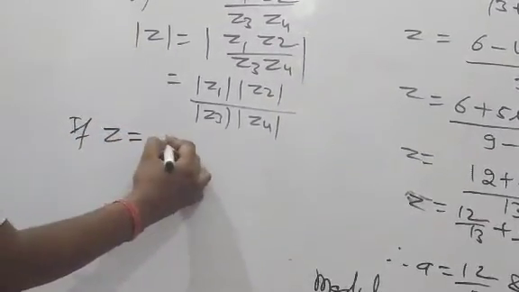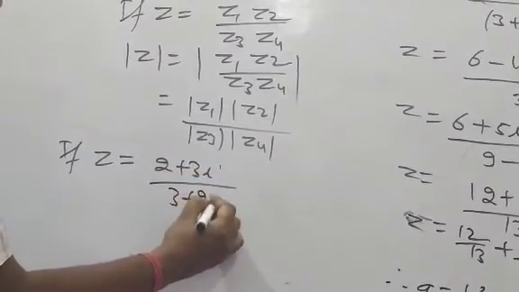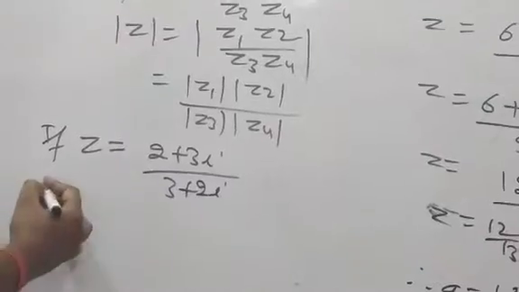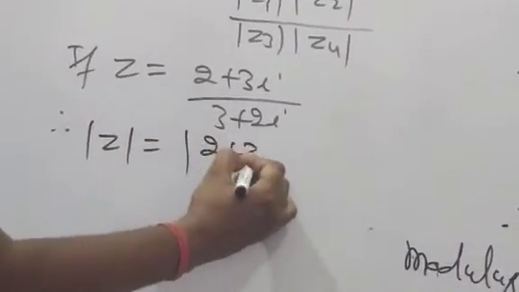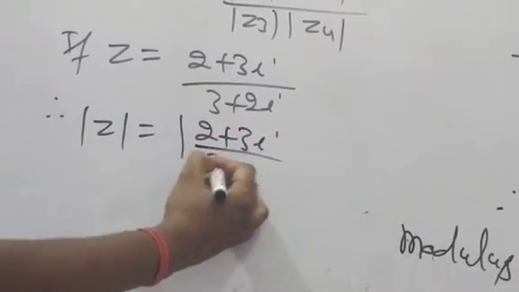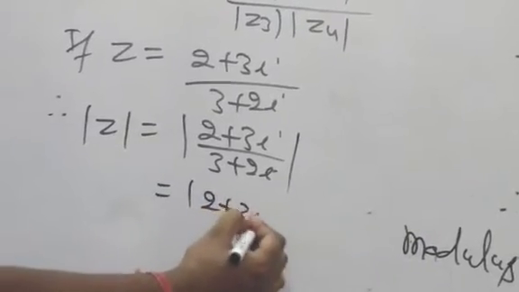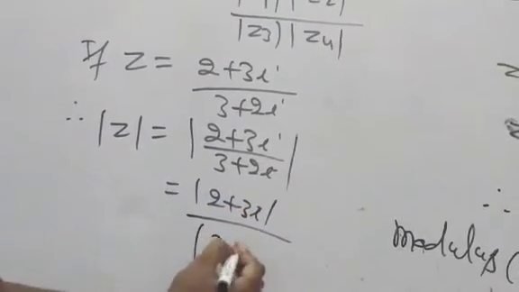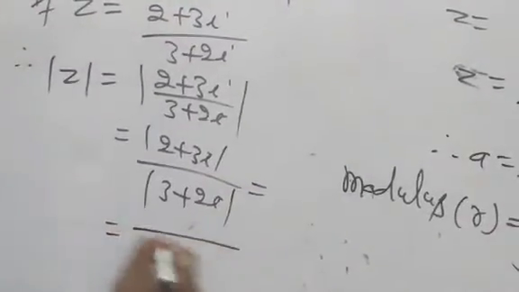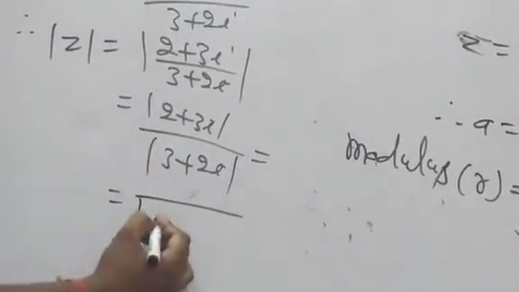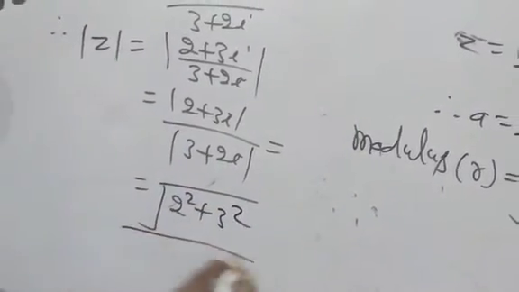if z is equal to (2 plus 3i) upon (3 plus 2i), therefore, mod of z is equal to what? Mod of (2 plus 3i) upon (3 plus 2i), mod of (2 plus 3i) whole upon mod of (3 plus 2i), is equal to what? Under root 2 square plus 3 square, whole upon what?